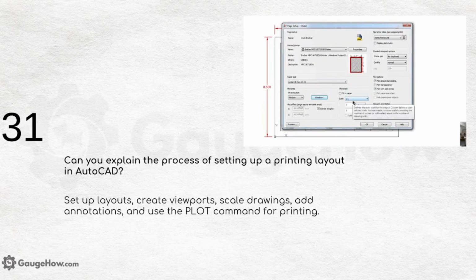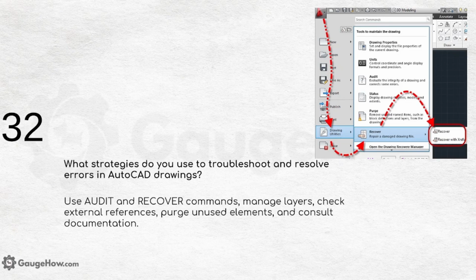Set up layouts, create viewports, scale drawings, add annotations, and use the plot command for printing. Again, very simple, right? What strategies do you use to troubleshoot and resolve errors in AutoCAD drawings? Use audit and recover commands, manage layers, check external references, purge unused elements, and consult documentation.